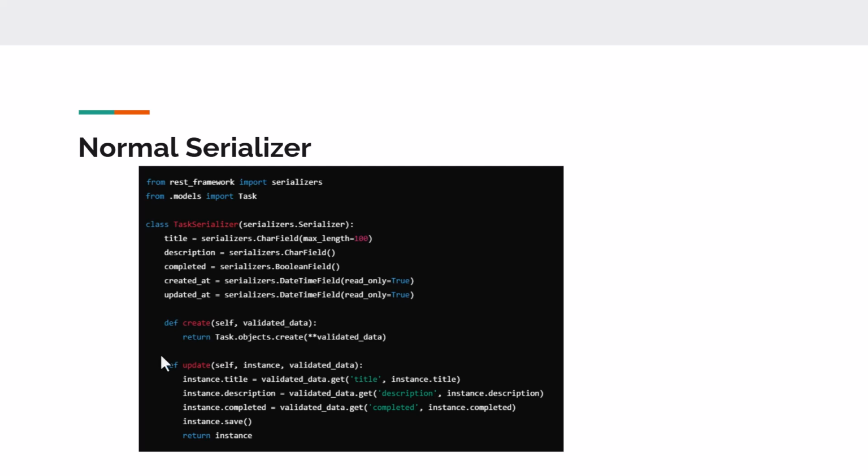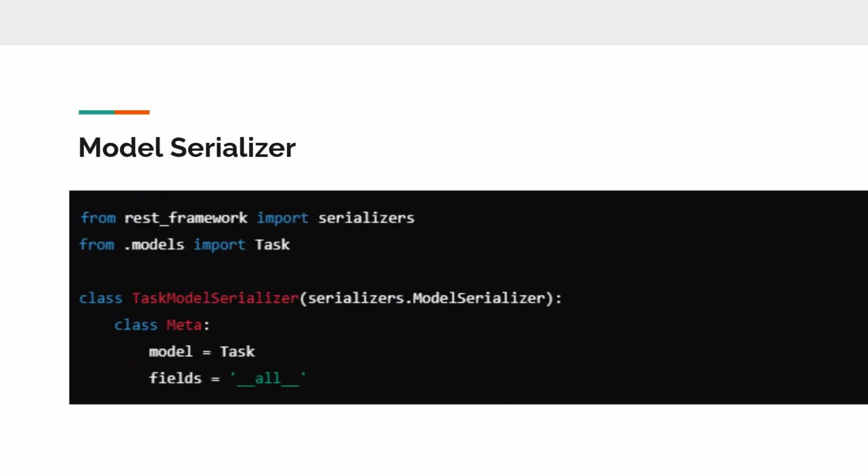So this is what a normal serializer would look like. To serialize a model manually, we would have to define every field explicitly, like in the example that you're seeing. That's a lot of boilerplate, but with model serializers, it's way simpler. Just like that, all the fields and validations are automatically handled for you.